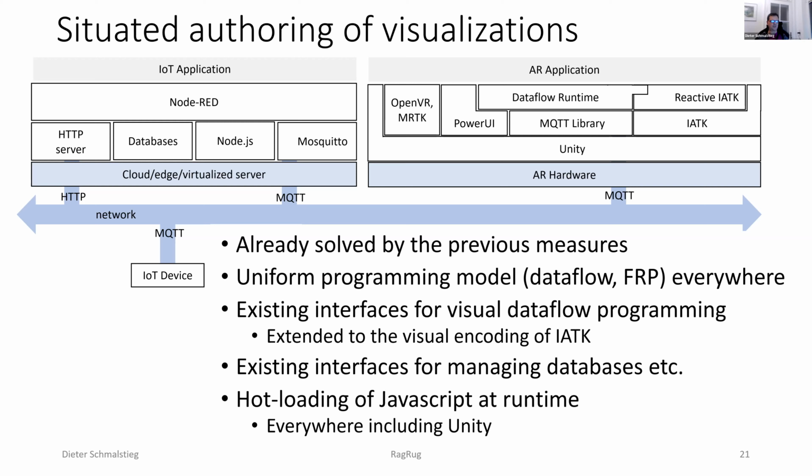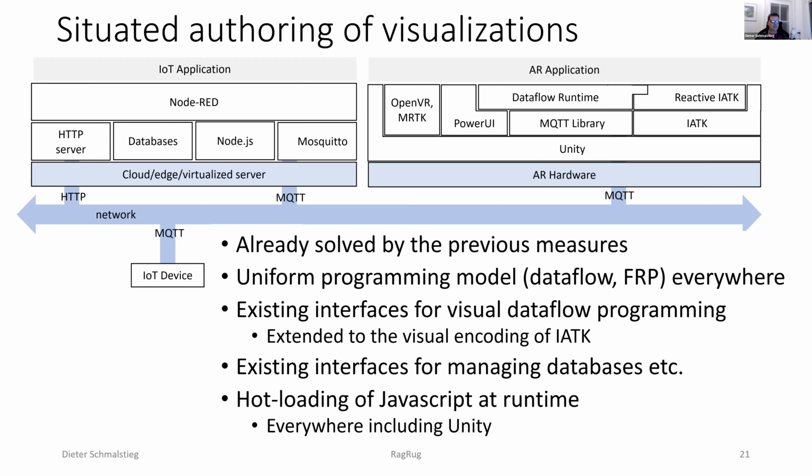Situated authoring is about creating the visualization at runtime and instantly reacting to any particularities of a physical environment that you might find when you go there, or as suddenly something happens, you change a bit of the system code if it's not already automatically adapting to the changes. And these capabilities for situated authoring are already solved by the measures that I have just introduced.